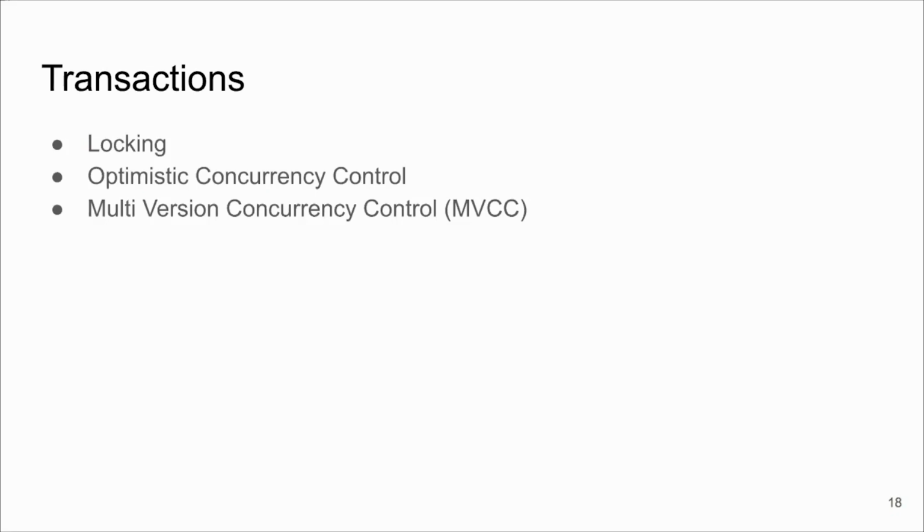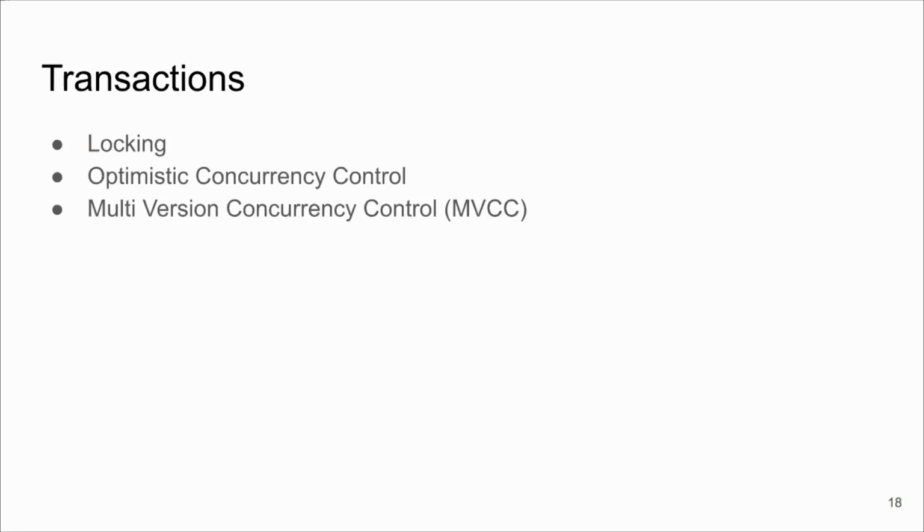Then at the time of committing a transaction, you write the data to the shared space. During the write, you check whether there are modifications by other parties. If there are conflicts, you abort.